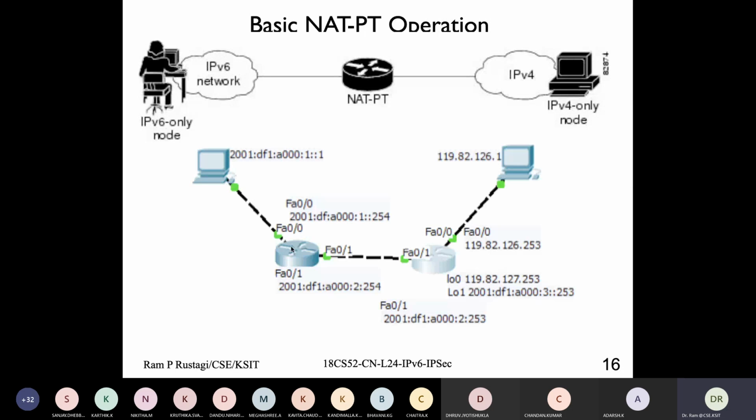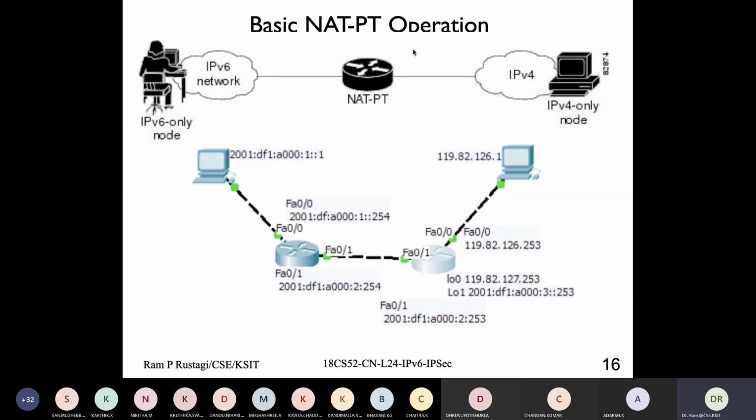It sends this out, and this router FA0 will know that this logical IPv6 address corresponds to an actual IPv4 address, and it basically puts that in. So this NAT device needs to know the mapping. Similarly, when this PC responds back, it will respond with only IPv4, and when the gateway receives IPv4, it needs to convert back into IPv6. So it needs to have a mapping, and that's the job of this NAT-PT device to do the mapping.